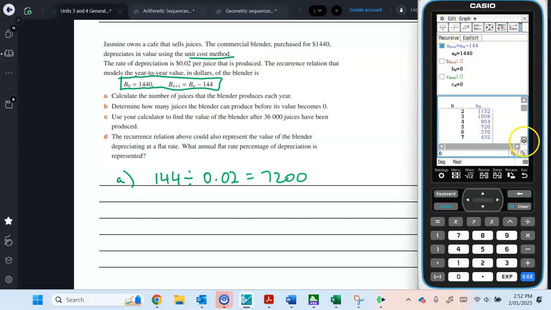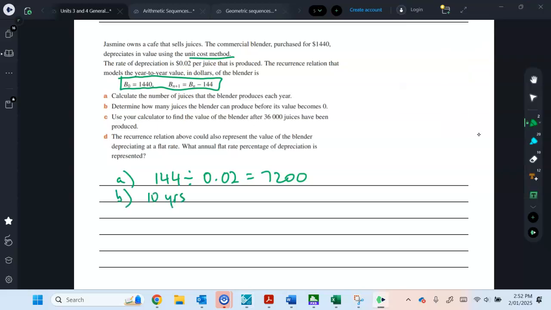All right, so basically after 10 years, it's worth 0. Now that's not 10 juices. This is why it's a bit of a silly question, because it's got unit costs there, but your recurrence relation isn't displayed as a unit in unit cost form. All right, so 10 years.